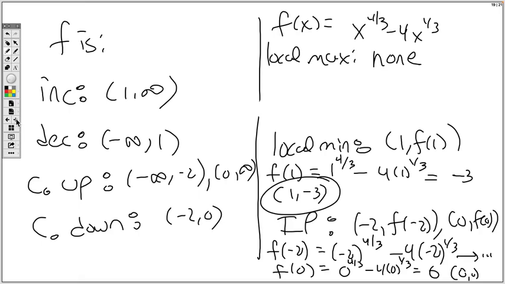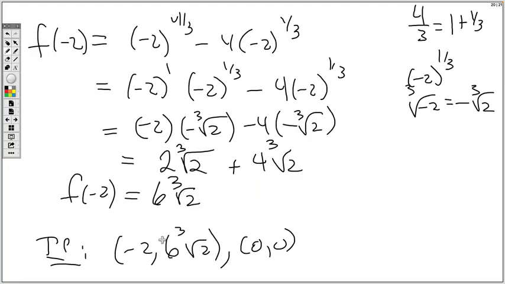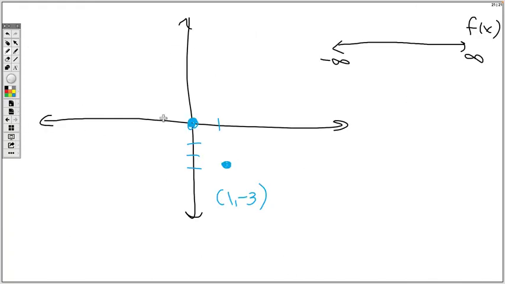We got a local min at 1, -3. We got something going on at negative 2, 6 cube root of 2. It's going to be like, I don't know, 7 and 8, something like that. Something up there. We'll just call it that.